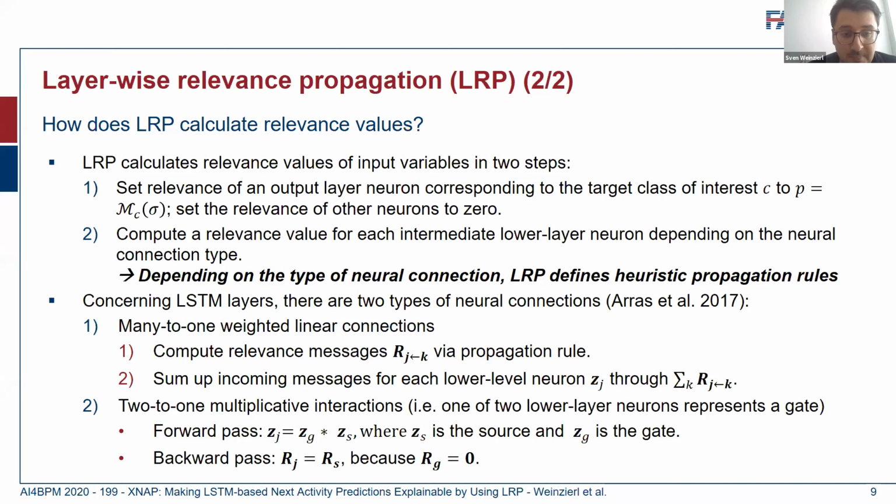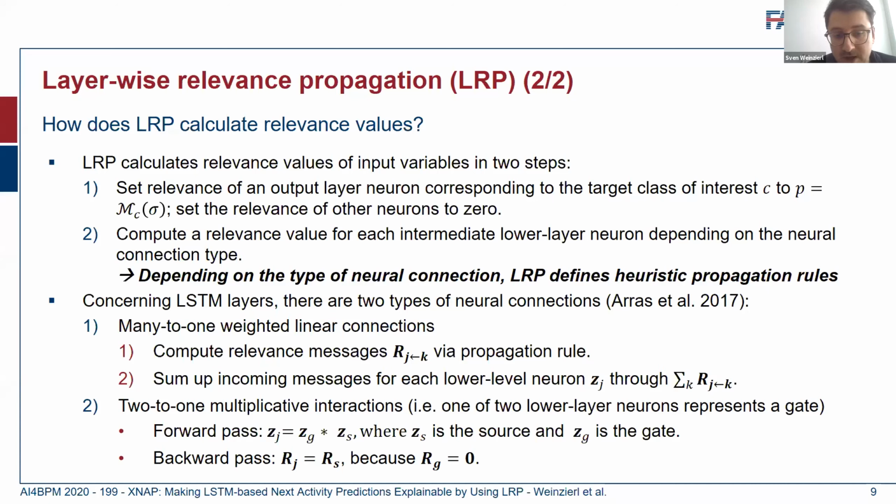First of all, we compute the relevance messages from k to j, backward, via the propagation rule. The propagation rule is not presented here. If you're interested in that, look at the paper, please. This is followed by summing up a summation term to get the messages for each lower level neuron j. The other interaction type happens if we have something like gates.